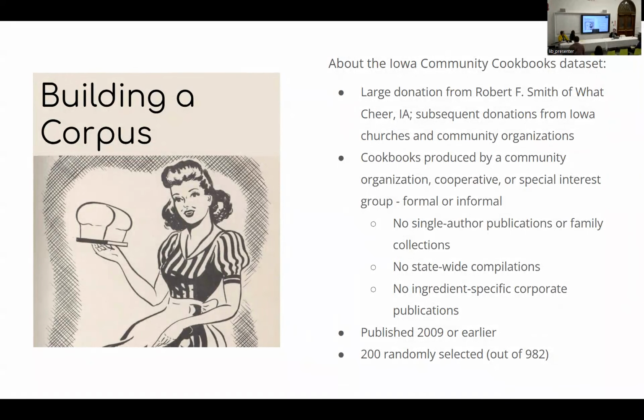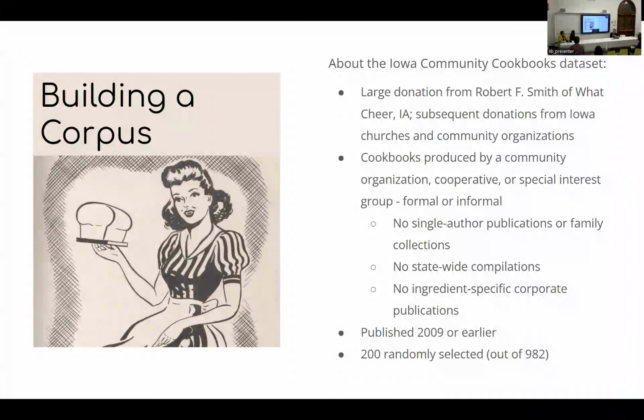So here in the community cookbooks data set that I'm developing, the larger cookbook collection includes other things other than community cookbooks, like industry ingredients that were created here in Iowa. They developed cookbooks, statewide compilations. The governor's office puts out a cookbook for Terrace Hill.